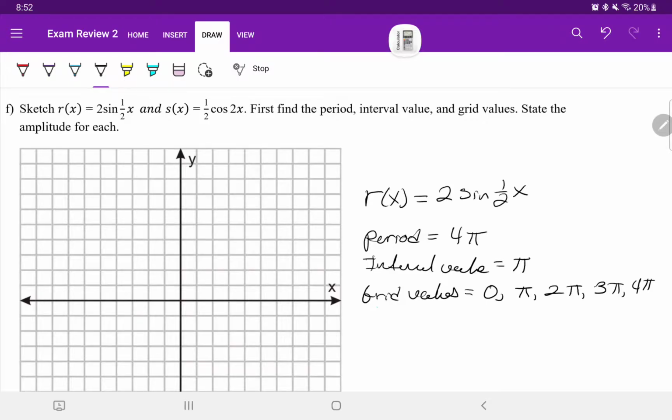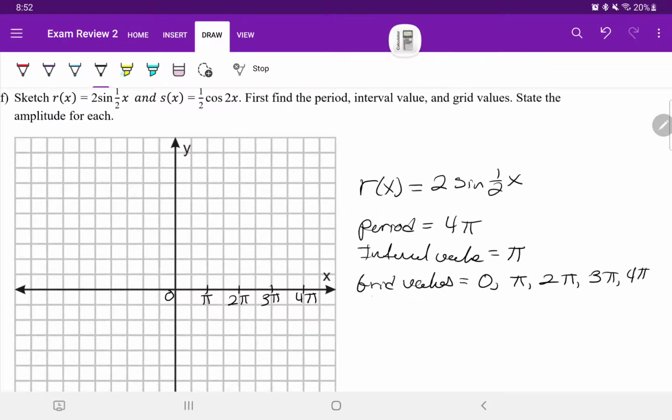And I'm about to place those grid values on the x-axis. 0, pi, 2 pi, 3 pi, and 4 pi. And then it says state the amplitude. For us to find the amplitude, that is going to equal the absolute value of the number being multiplied in front of my trigonometric function.